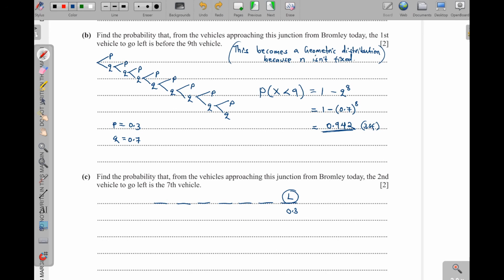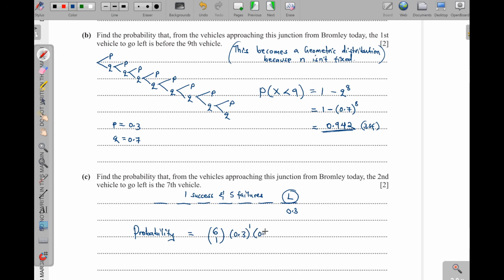So in here, I'm having 1 success going to the left, and 5 failures. So out of the 6, I have 1 success. That is 0.3 turning to the left.